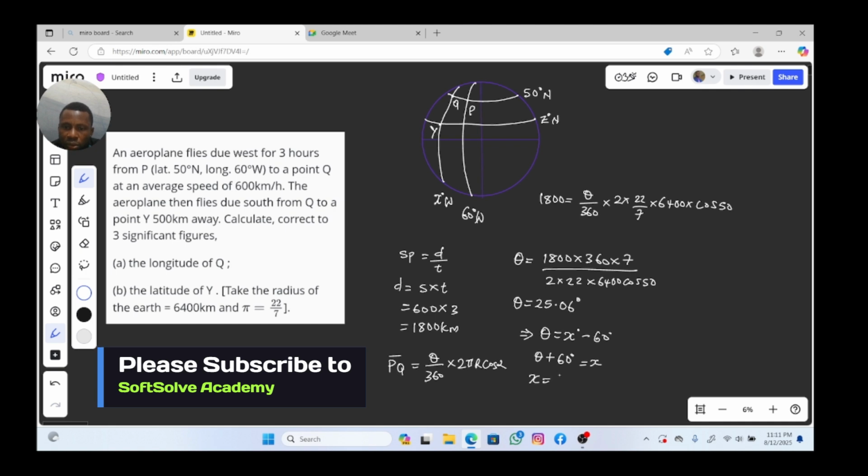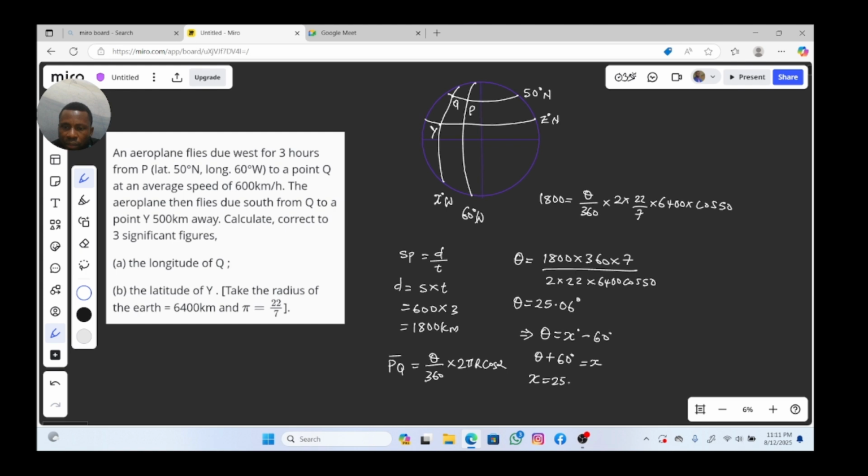So x is equal to, theta is already known to be 25.06, plus 60, and that will be 85.06 degrees west. So the question says we should correct it to 3 significant figures. So this would be approximately 85.1 degrees west, in bracket 3 significant figures. Okay, so that's the number 1, the longitude of Q.